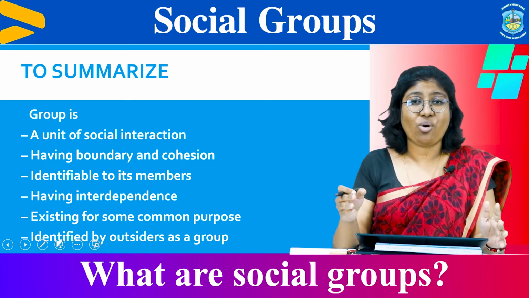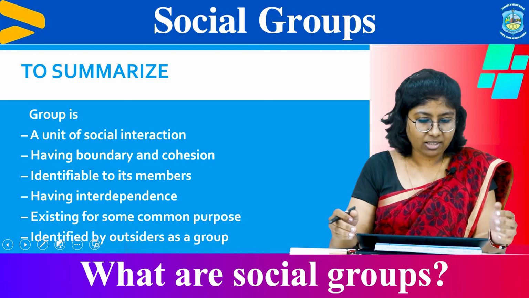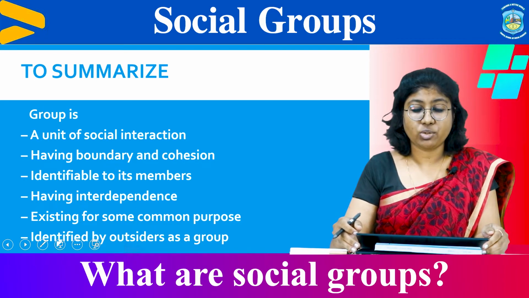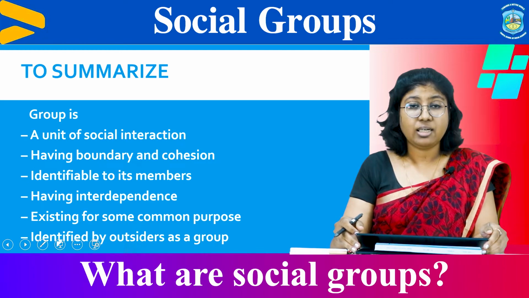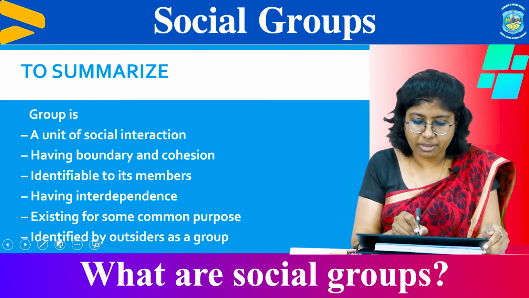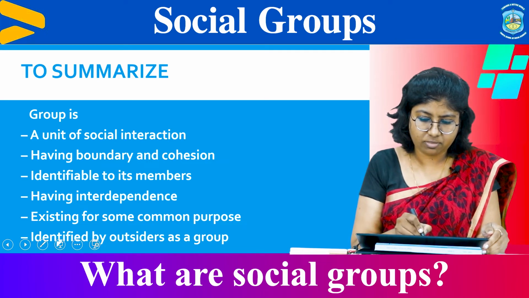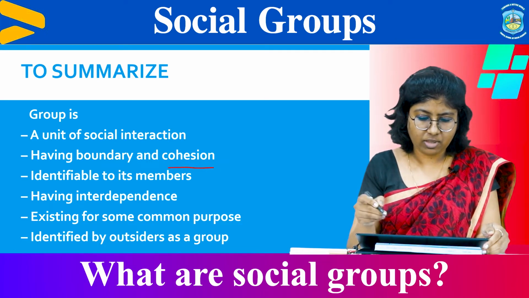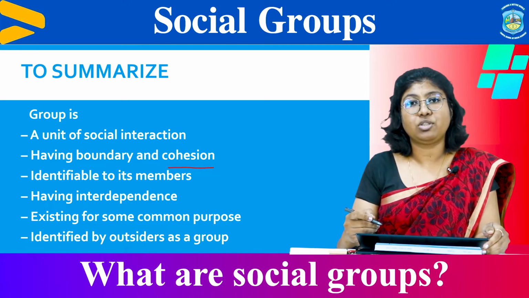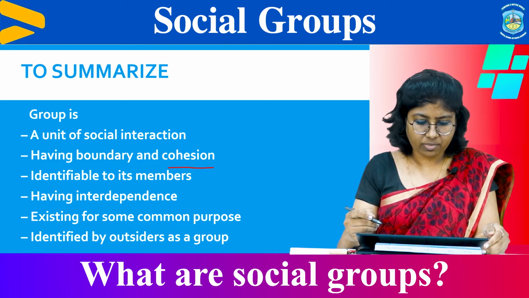If we analyze all the definitions, we will come to know that a group is a unit of social interaction. It is having a boundary and there is cohesion between the members. The members are identifying themselves to the others in the group.